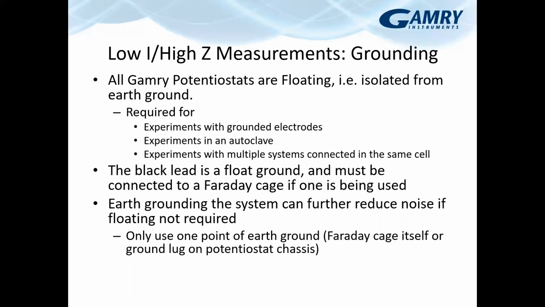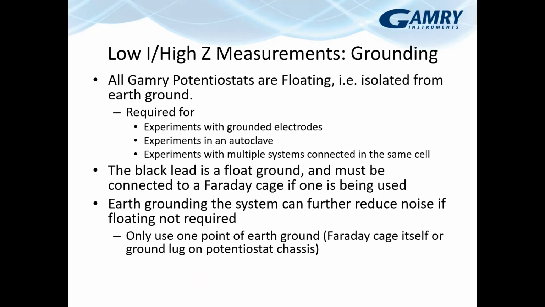If you want to earth ground a system, it is important to only use one point of ground for earth. There is a ground lug on the back of our systems that is usually the one that we recommend. You plug that in and you tie it to an earth ground source, and then you short the black lead to the Faraday cage, and you leave the Faraday cage floating otherwise.